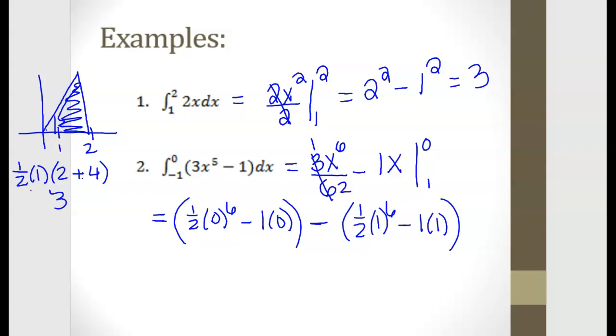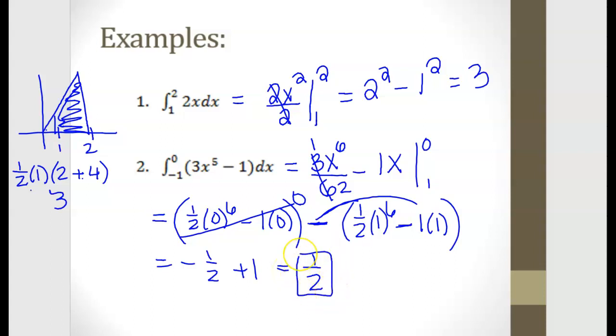Anything times 0 is 0, so this all zeros out. And then I have the negative distributing in. So 1 to the 6th is 1, so you have negative 1/2. A negative times a negative becomes a positive 1. So I get 1 minus 1/2, which is 1/2.